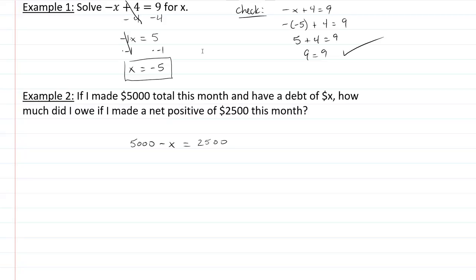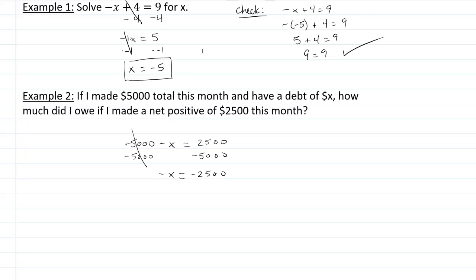So first off, we start by subtracting both sides by 5,000 to get this x term by itself. So this is a positive 5,000 minus 5,000. They cancel. And we have a -x on this left-hand side. On the right-hand side, 2,500 minus 5,000 is -2,500.